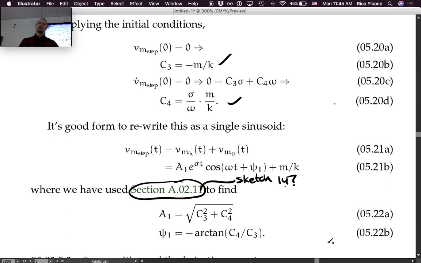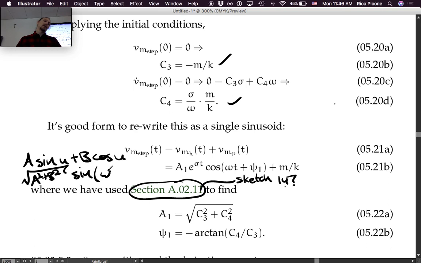So we use that formula, which says if you have A sine u plus B cosine u, you can combine this into a single sine or cosine: the square root of A squared plus B squared times, I think if it's a sine, sine of omega t plus arctangent of A over B. I don't remember.